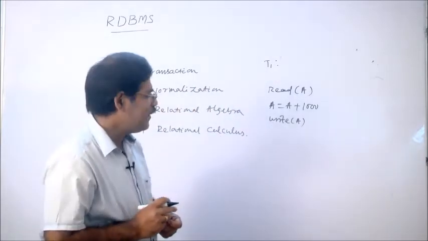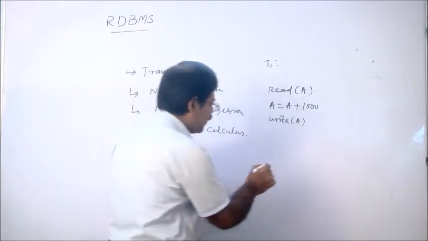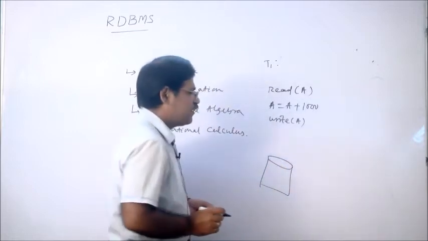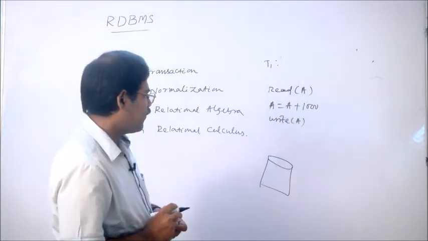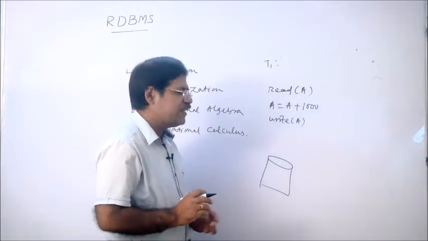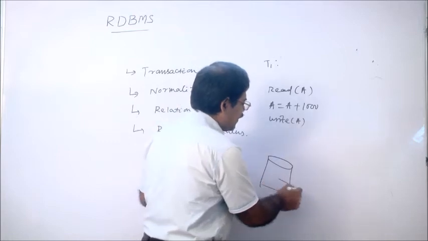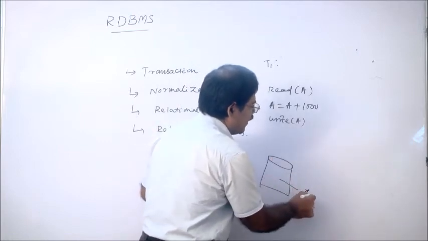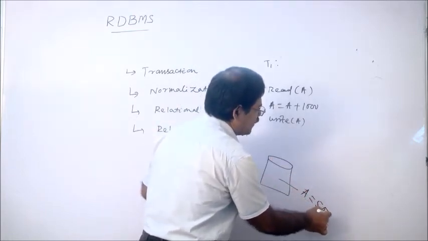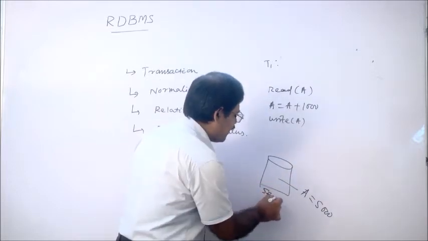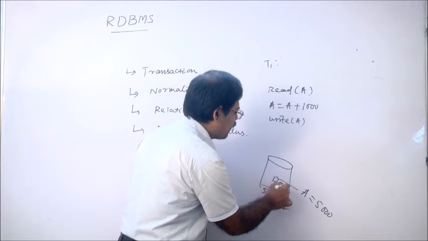So, what does it mean? Suppose A is a particular user who opens an account in a particular bank. The server contains the account A, and let the account A have 5000 rupees. That value is stored in a server machine, or you can say database.